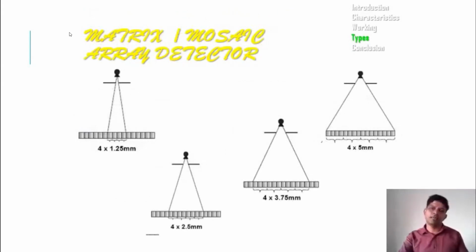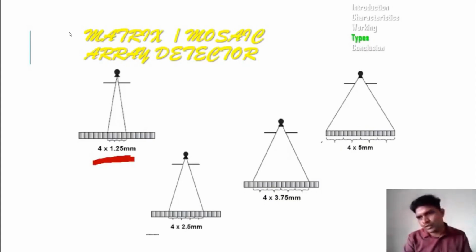Then you can see here, using the 1.25 mm slice thickness, per rotation we get 4 images. So with the 4 images from the 1.25 mm detector, we get a thinner section.